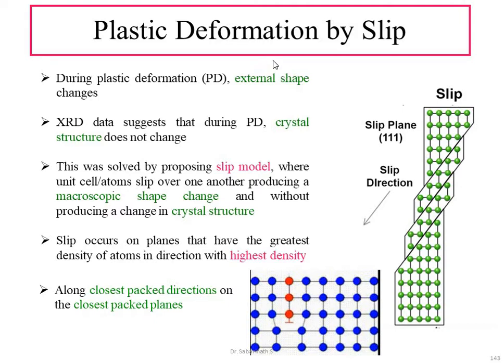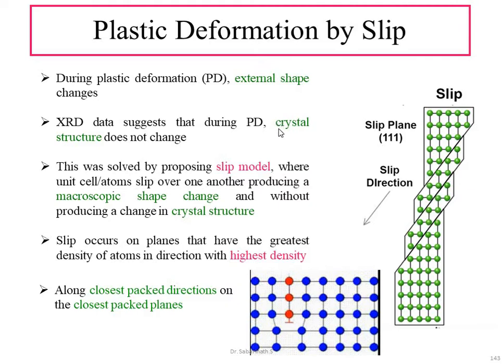But when scientists took X-ray diffraction, the details of which we will see in the next class, but for the time being just understand that it is a technique used to study or view crystal structures, they took the X-ray diffraction with the intention that there is some crystal structure change happening at this location.